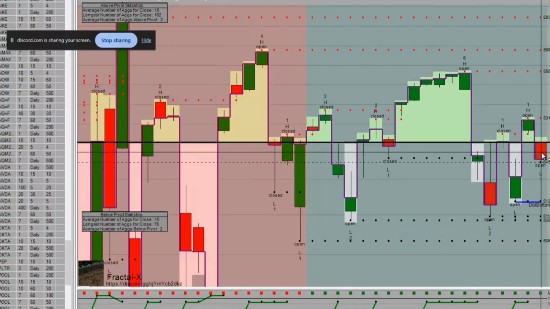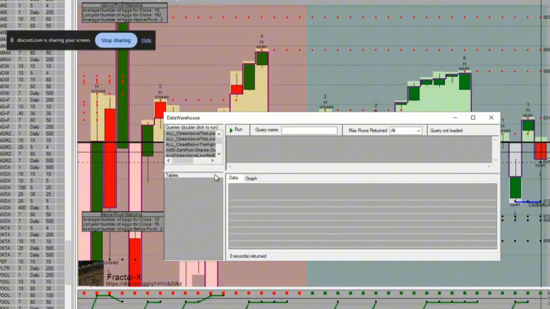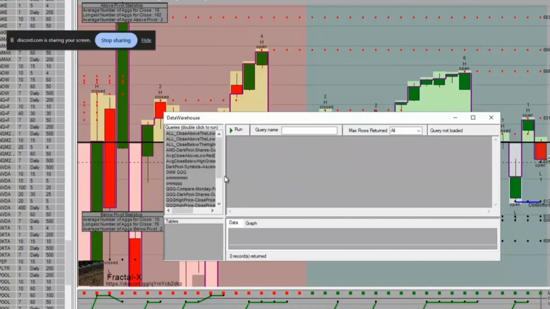So you hover on your candle. Then you're going to open your data warehouse by using your hotkey. So what that does is it locks it in for you. Now you can move your mouse all over the place and your values won't change. I was always having to write these values down. And then for ease of use, pull these down, make it a little easier to get to.